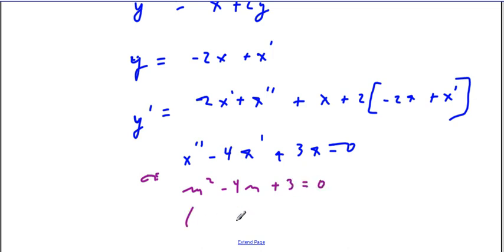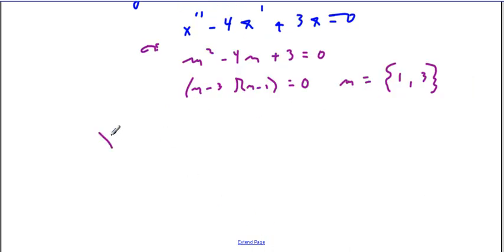We can factor that: m minus 3, m minus 1. And we have m is going to be 1 and 3. So x of t is going to be c1 e to the t plus c2 e to the 3t.